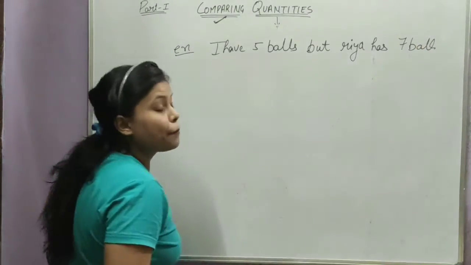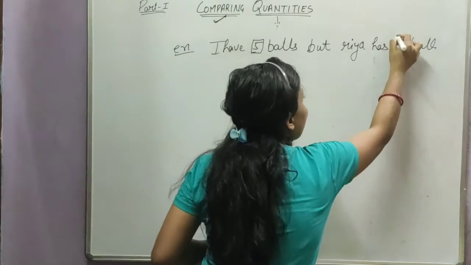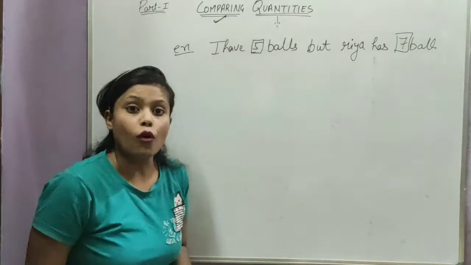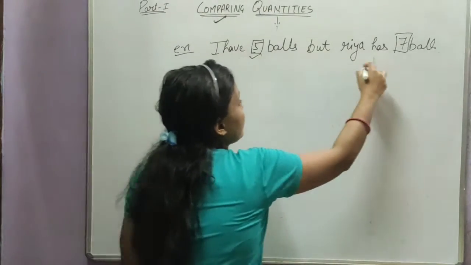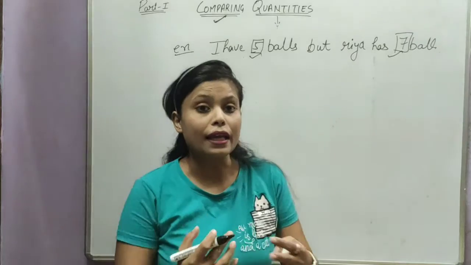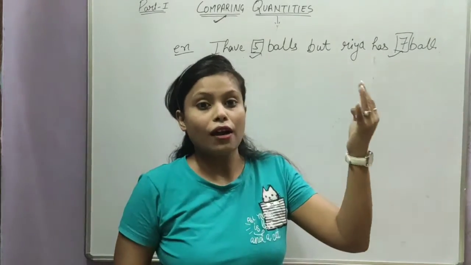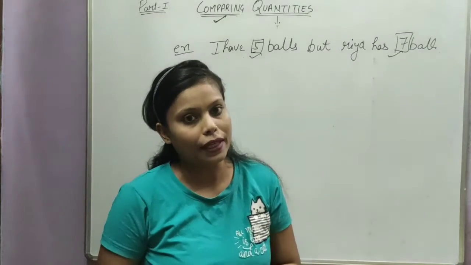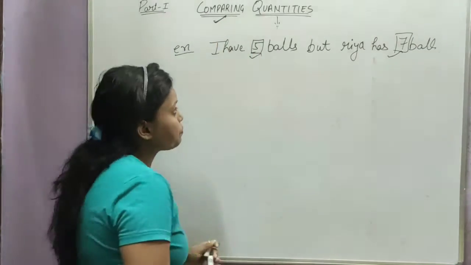So I am comparing that I have only 5 balls, but Ria is having 7 balls, more than mine, right? So this shows the comparison. If I am comparing, I am telling that I have less or a larger amount of the quantity, that shows the comparison.